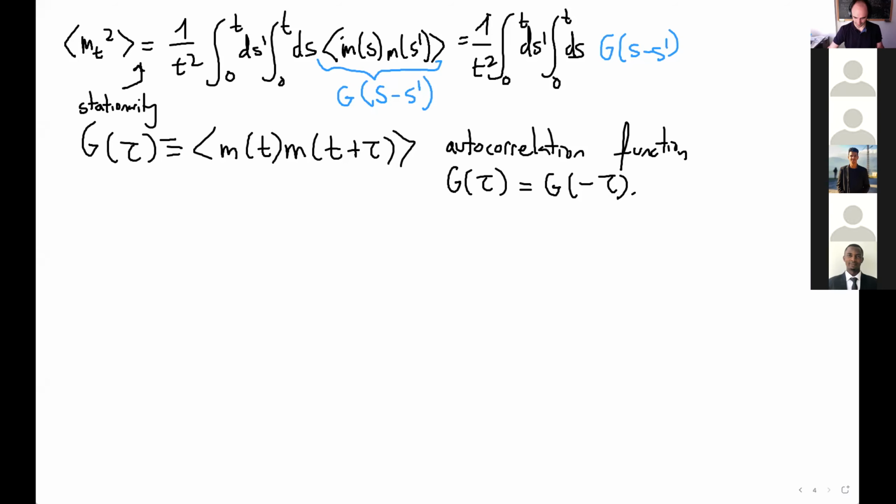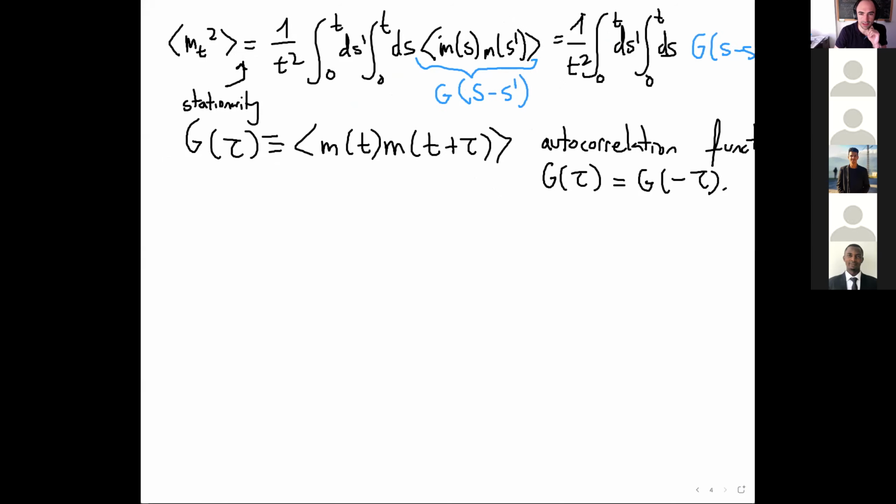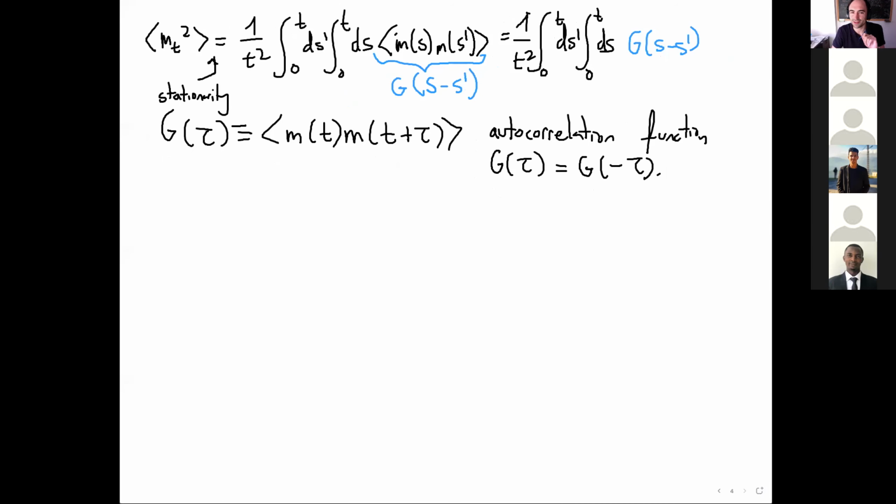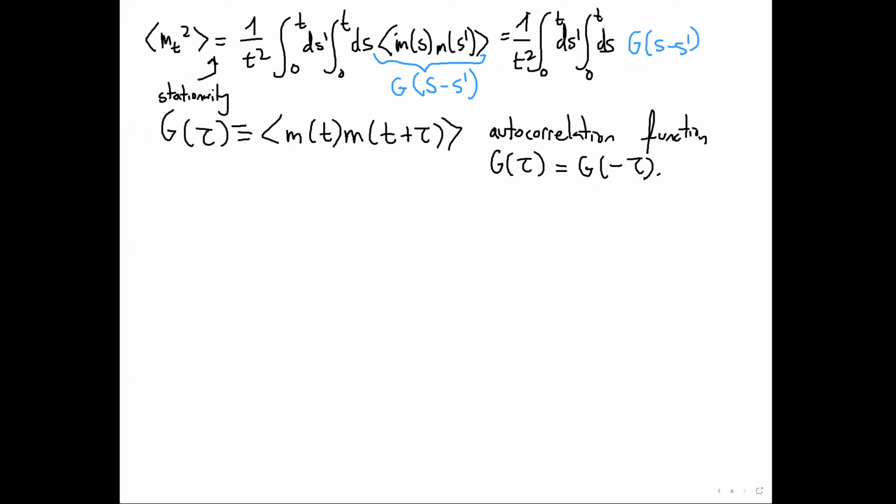All right. So I define this quantity, which is important for this calculation. I call it autocorrelation function. It's just this average, remember. So what I'll do now is try to calculate this quantity.